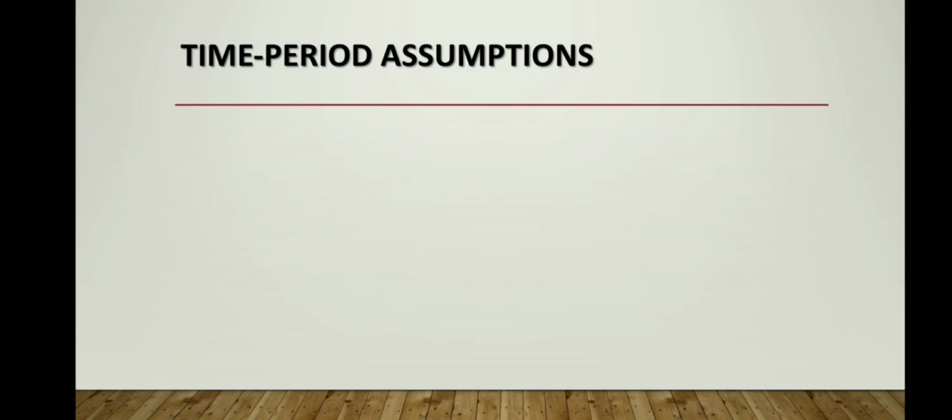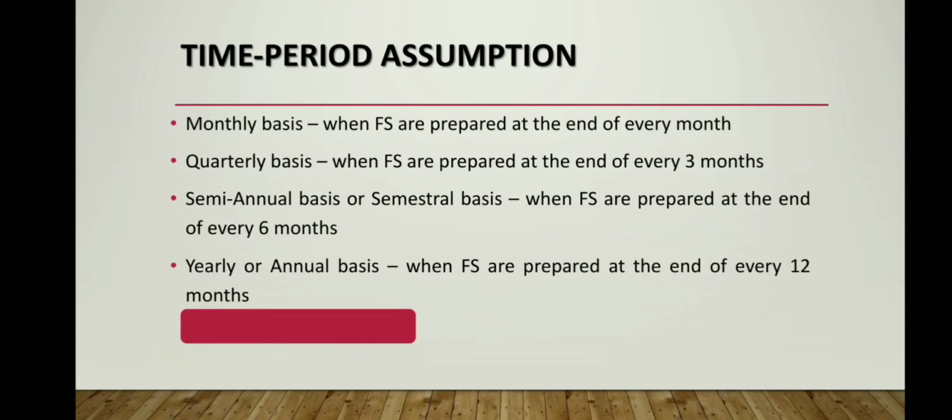So the selection of the right accounting period depends on the necessity of the business owner or the management. If they wanted to know what happened to the business or what happened with their investment every month, the financial statements must be prepared on a monthly basis.